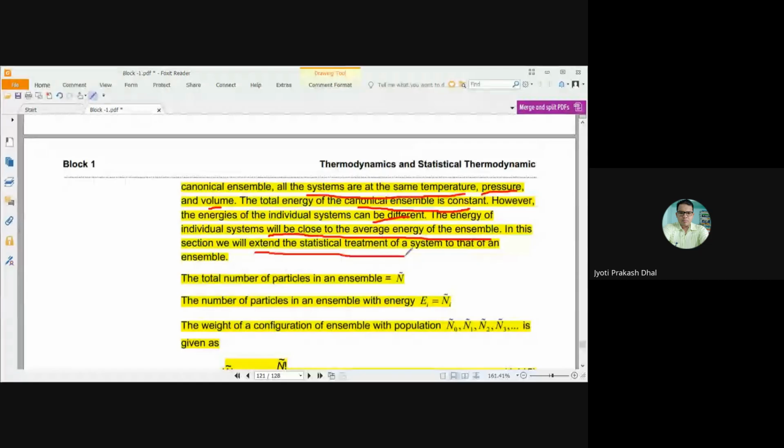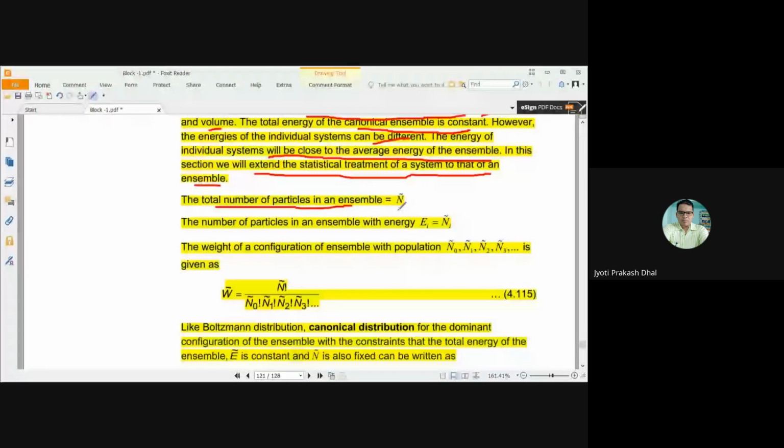Let the total number of particles in an ensemble be equal to N, and the number of particles in the ensemble with energy Ei equal Ni, and the weight of the configuration of the ensemble with populations N0, N1, N2, N3, etc.